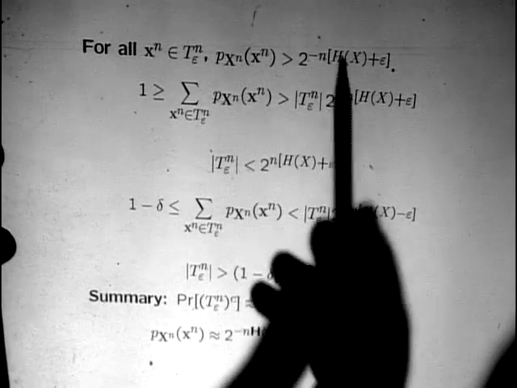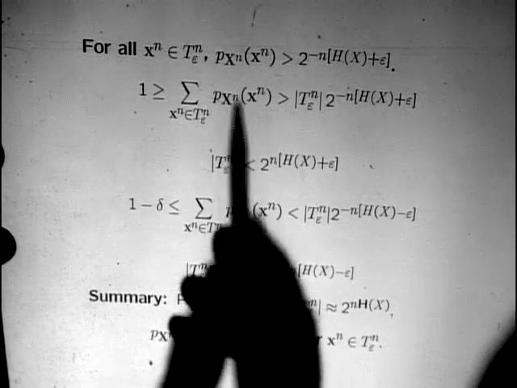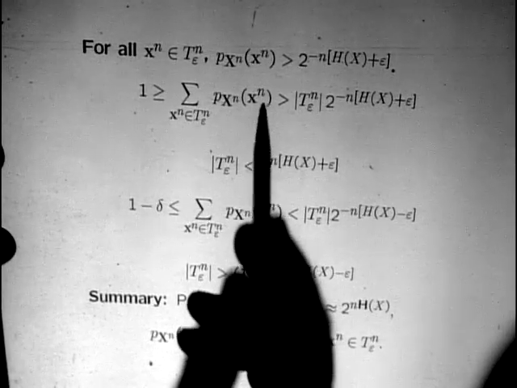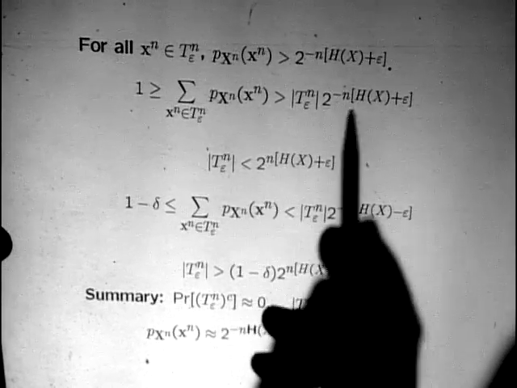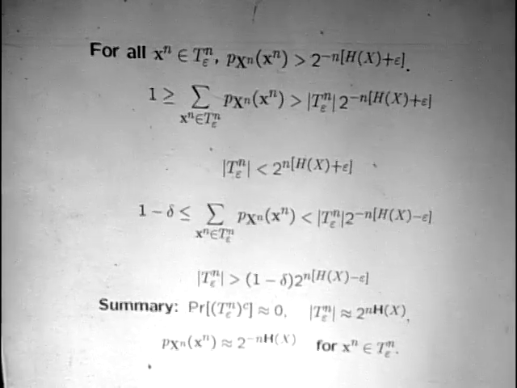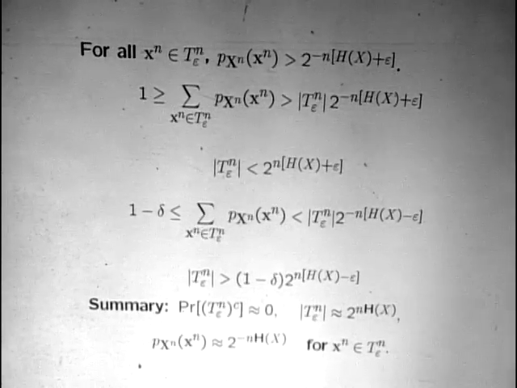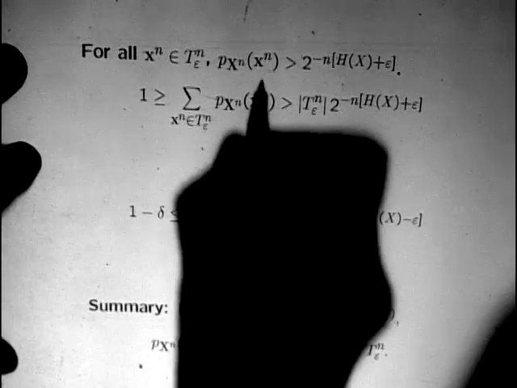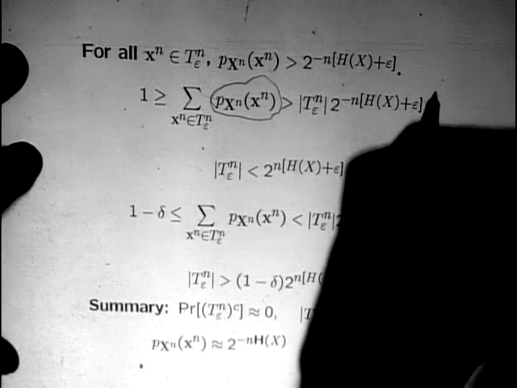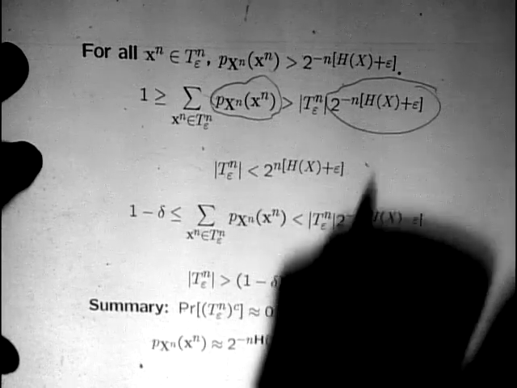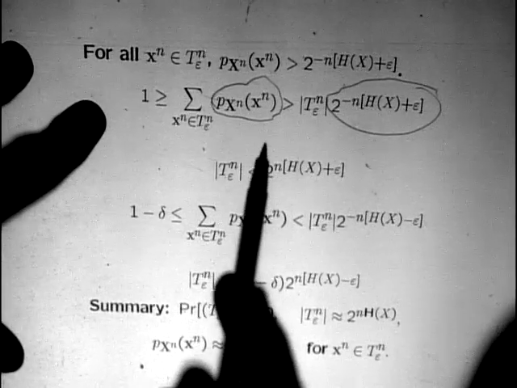And therefore, when I use this inequality, the probability of x to the n for something in the typical set is greater than this quantity here. In other words, this is greater than that for everything in the typical set.